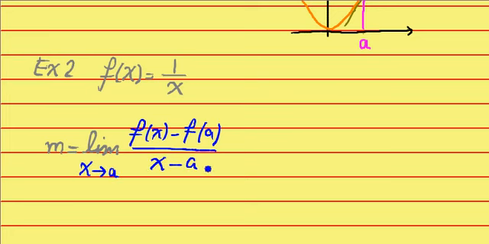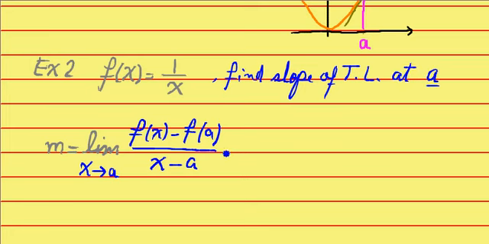So again, the issue was finding the slope of the tangent line at a. So limit of, f of x is 1 over x, f of a is 1 over a, over x minus a here, x approaches a.